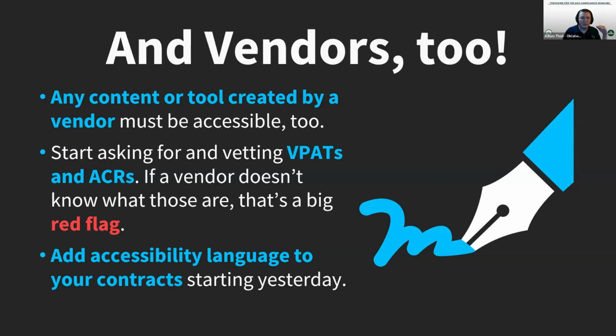So if you are ever talking to a vendor and you ask, hey, do you have a VPAT for this? And they're like, what's that? That's a huge red flag. That might be a teaching opportunity for them, but maybe you should also point toward a different vendor.